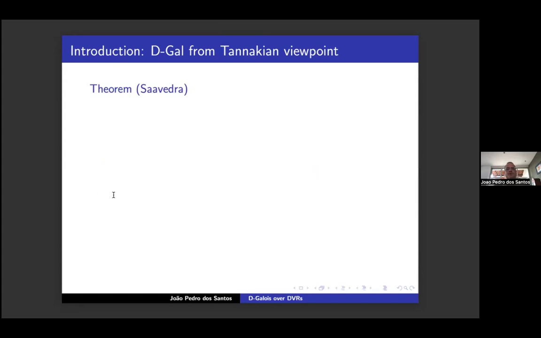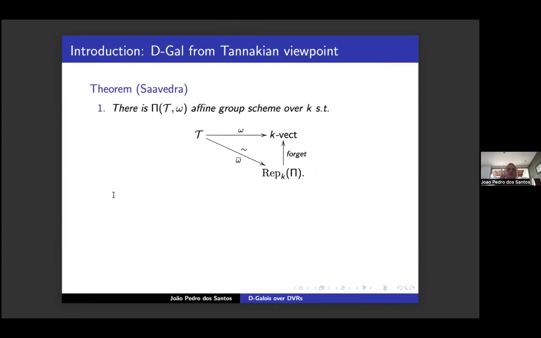Once you have this data, you have this very famous theorem going back to Saavedra, and it says that if you have such a category, then your category is the category of representations of some affine group scheme. If you're not used to affine group schemes, you're better off just thinking of these as projective limits of linear algebraic groups.